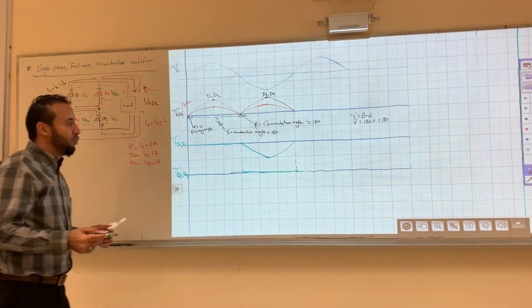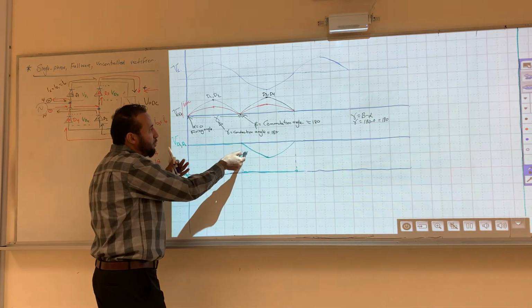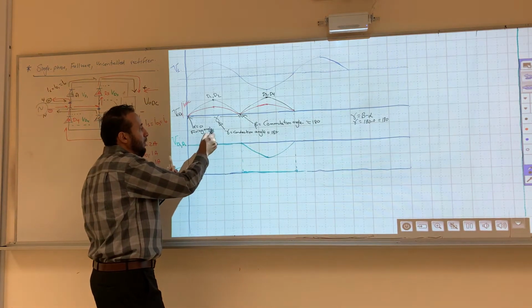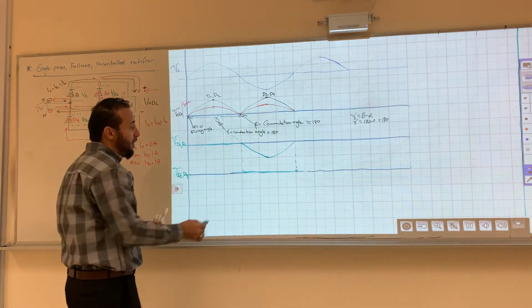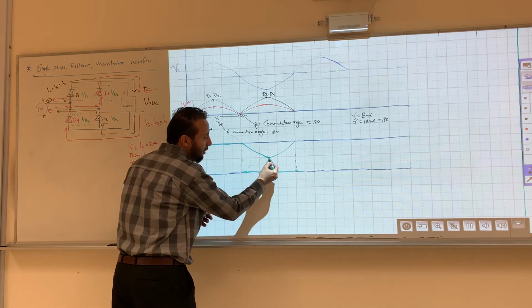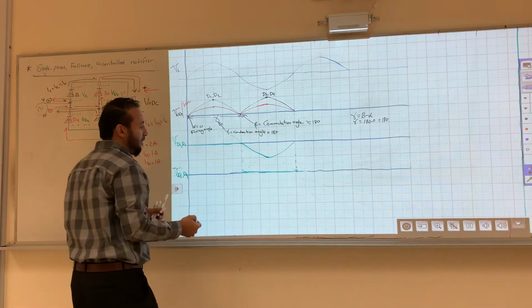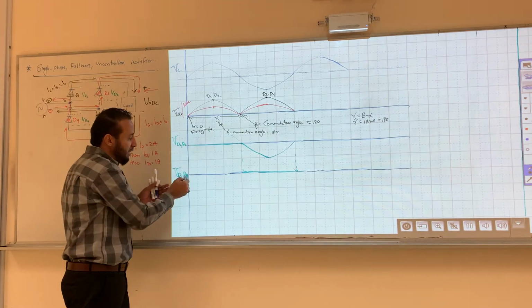Of course, we are assuming here that the source is like this. That's what's left. Now this is 0, but we will be assuming that the source is like this. Okay? Because this one here is the negative. It starts the opposite. It does not start here. It starts from here.